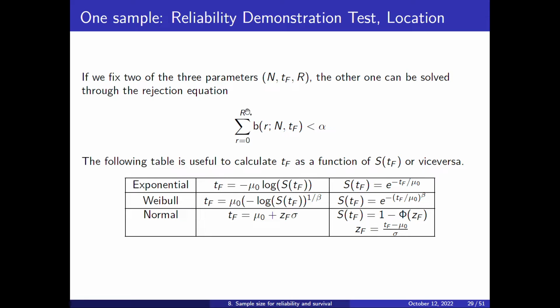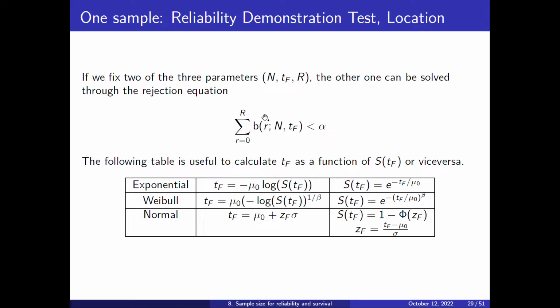We have capital R, we have capital N, and tf. And we want this sum to be smaller than alpha. So if you fix 2, then the third one can be calculated. So that is why we have fixed R to 0. So we don't want to see any spoiled bottle.